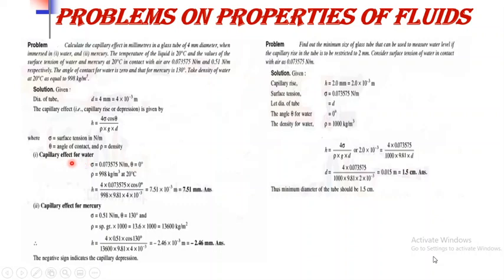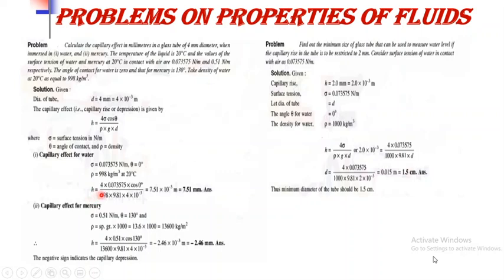So for calculating the capillary effect for water, the value of sigma is this much. The angle for the water, it is given, it is equal to 0. Then density of water, that is mass density, is 998 kg per meter cube at a temperature of 20 degrees centigrade. So all values are known in the equation.